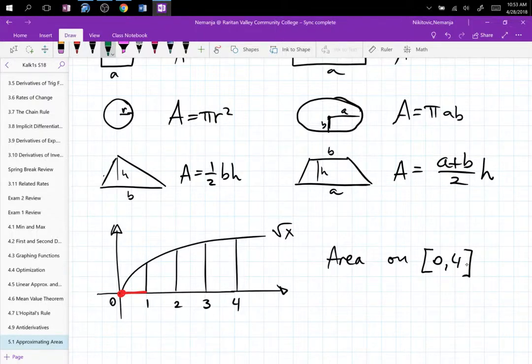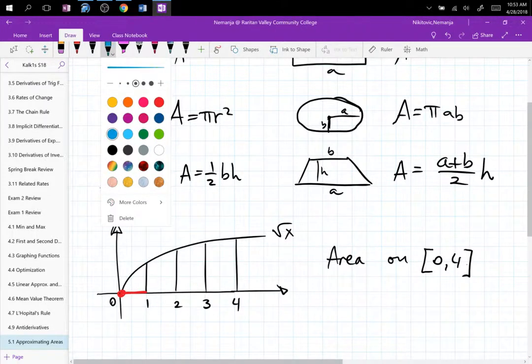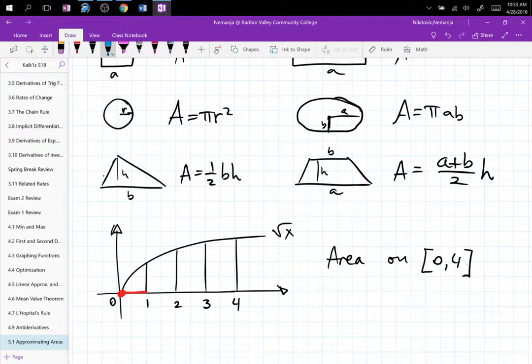Or I can do this and draw the rectangle to the left. So I can pick the left point and draw a rectangle to the right, or I can pick the right point and draw the rectangle to the left.